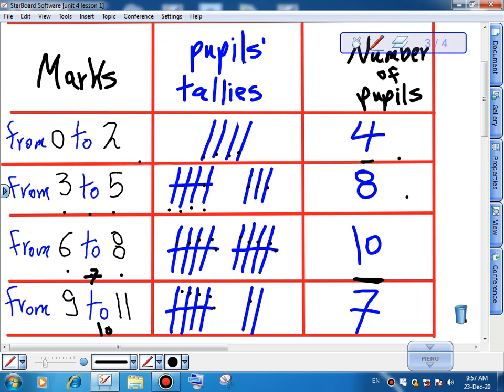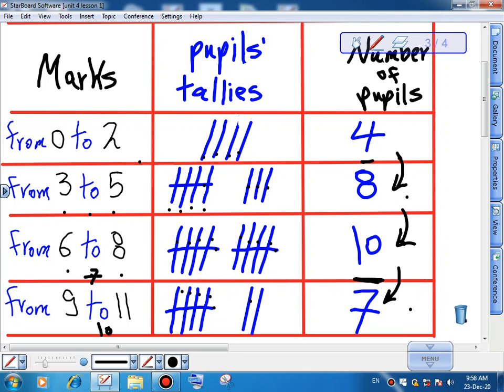From 6 to 8, it's 10. From 9 to 11, it's 7. So I get the total number of pupils of this class. If I need the total number of pupils in this class, we just sum these: 4 plus 8 plus 10 plus 7. After we sum these numbers, we get the total number of pupils in this class.